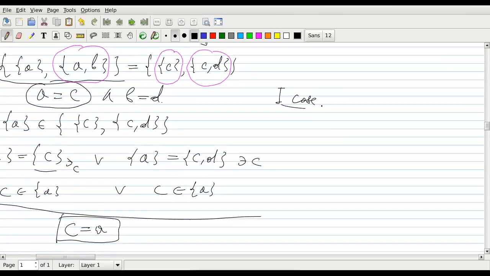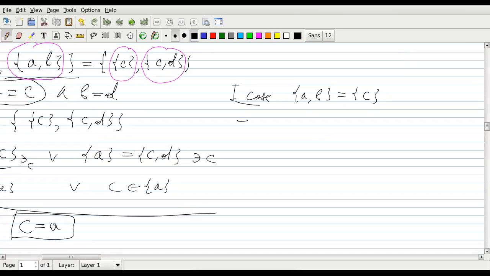The first case is when this set equals C, and the second case is when this set equals this one.